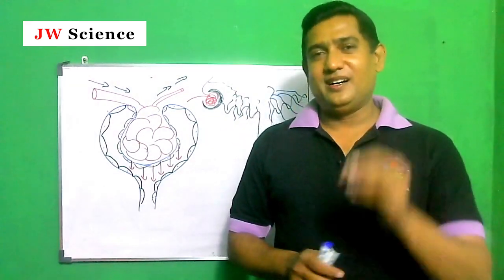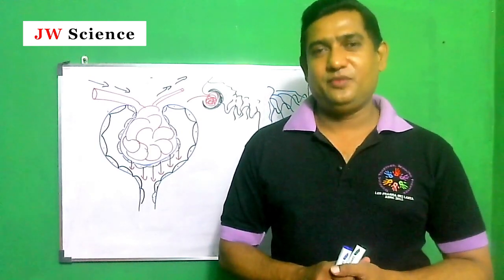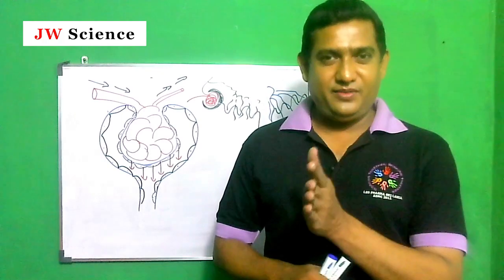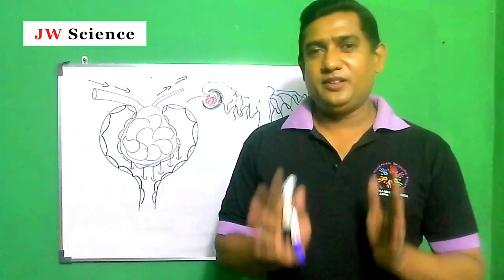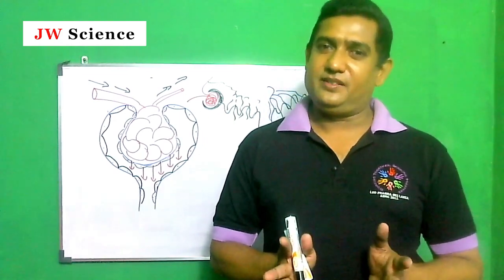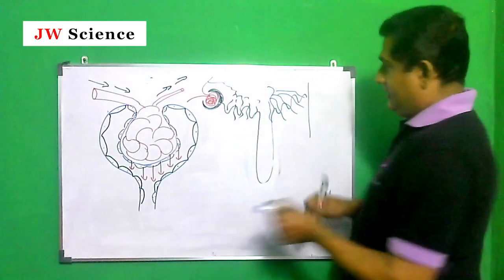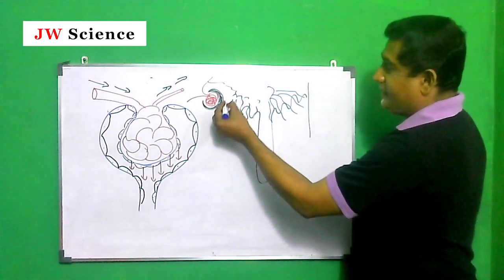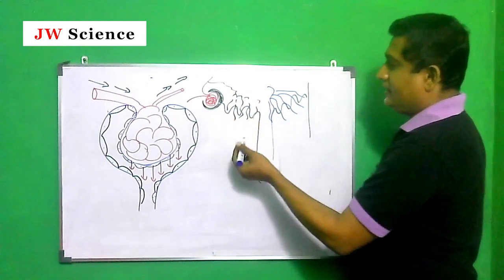Okay, now up to now we have discussed the first two steps of urine formation, which are ultrafiltration and selective reabsorption. Now we are going to discuss the final step of urine formation, which is secretion. The selective reabsorption happened in this area.